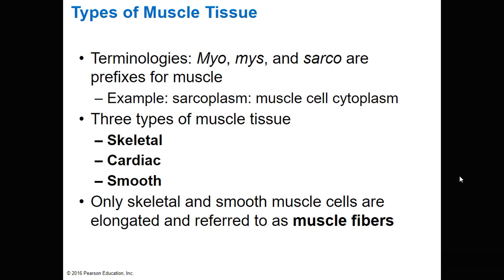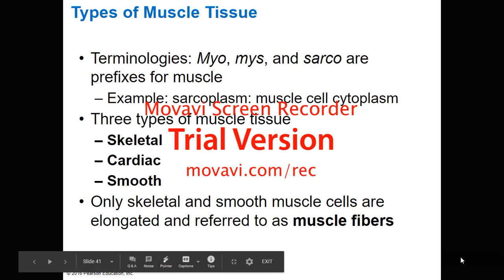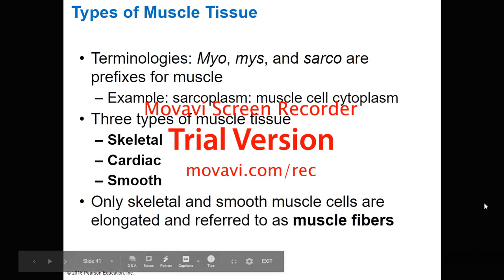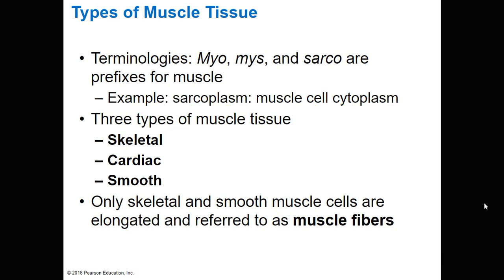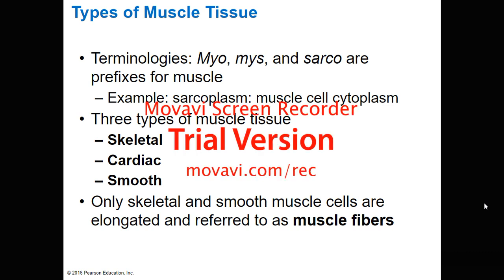All right, so when we talk about muscle tissues, we need to understand some terminology. Whenever you see the prefix myo, think of it as a root word meaning muscle, and when you see the prefix sarco, that is a root word meaning flesh.